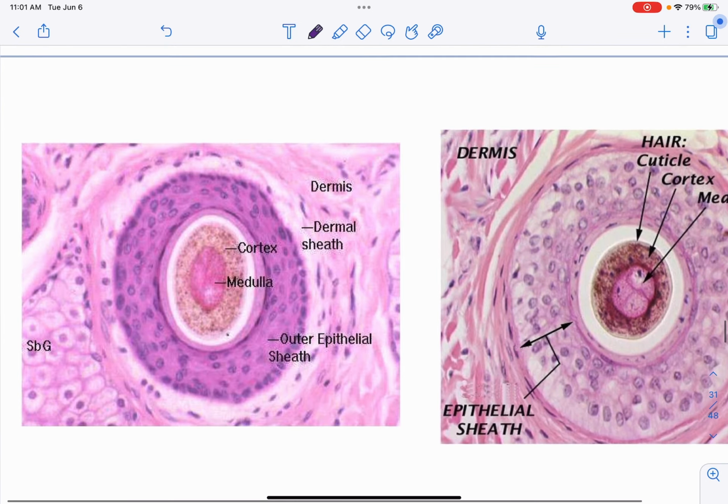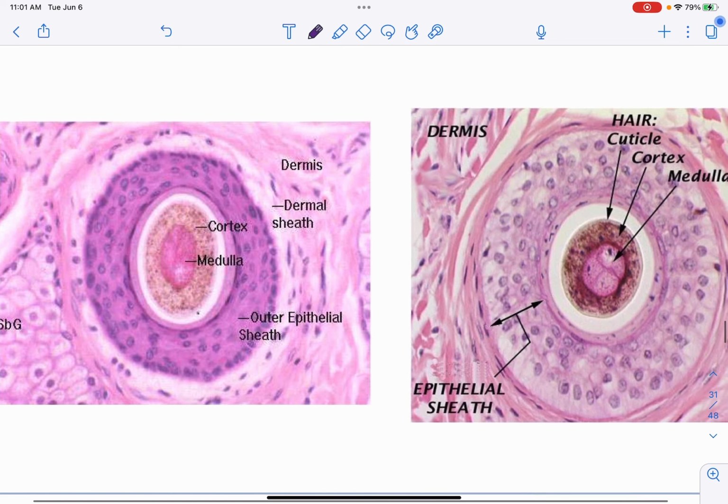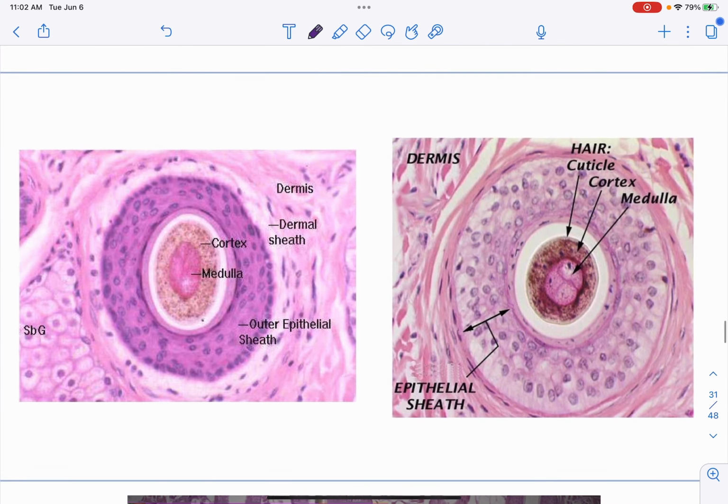All right, so here are the layers if you are to look at them under histology. Let me make this a little bit smaller so you can see. When you're looking at it under the microscope, you're going to see both longitudinal sections and cross sections, right? Because we can't all line the hair up in one particular order.